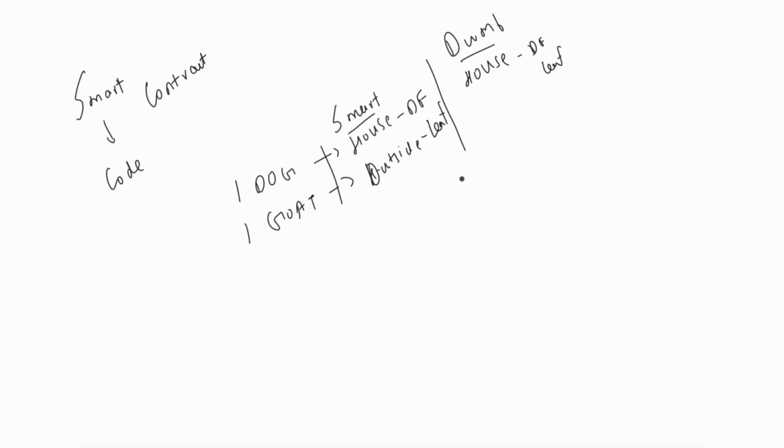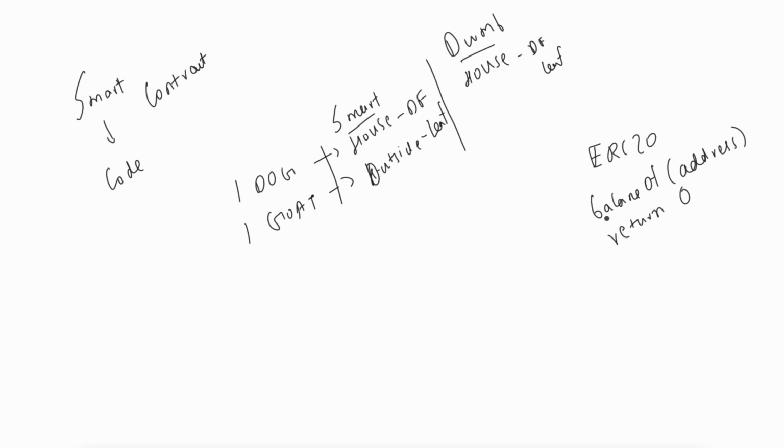So if you check ERC20, there should be a function called balanceOf. It should receive an address, and it should return the balance.